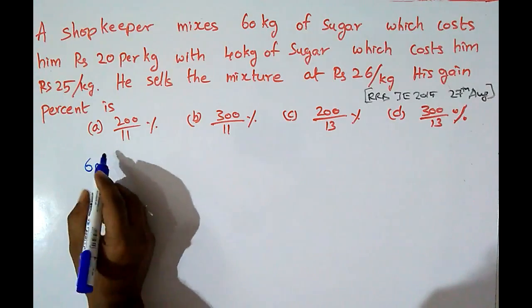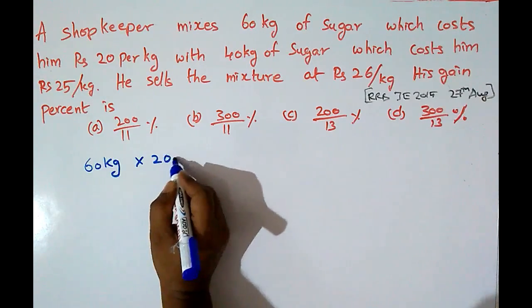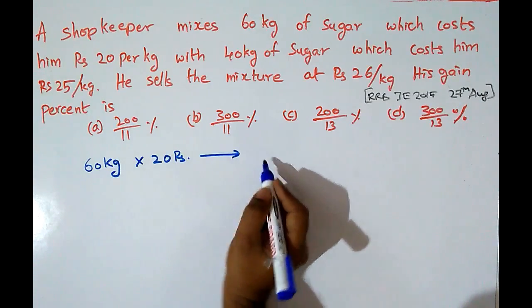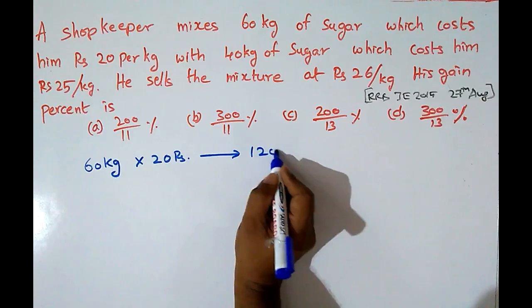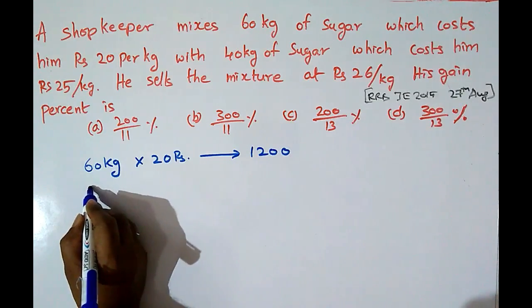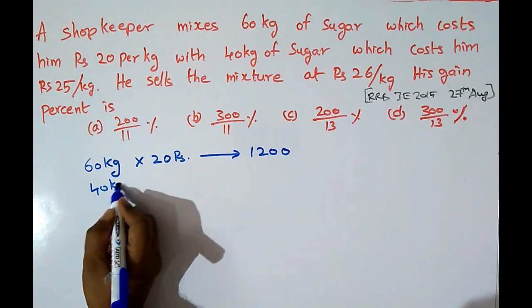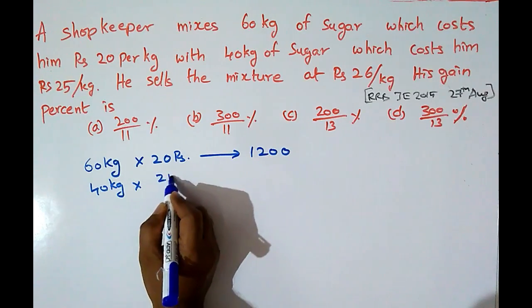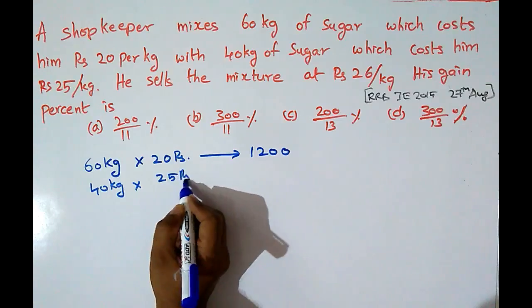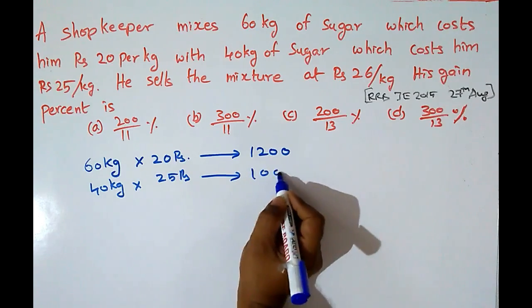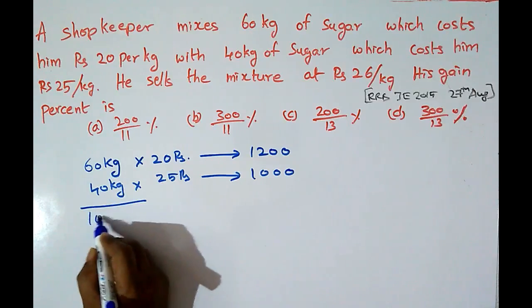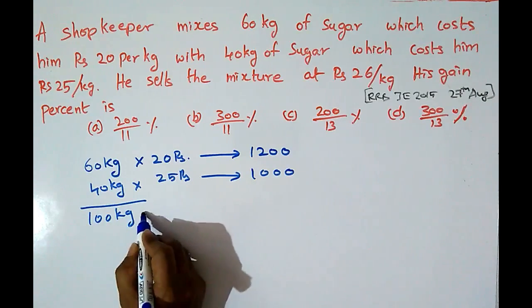60 kg for 20 rupees, how much? It corresponds to 1200. Another 40 kg at 25 rupees corresponds to 1000 rupees. Totally how many kgs have formed? 100 kg of sugar.